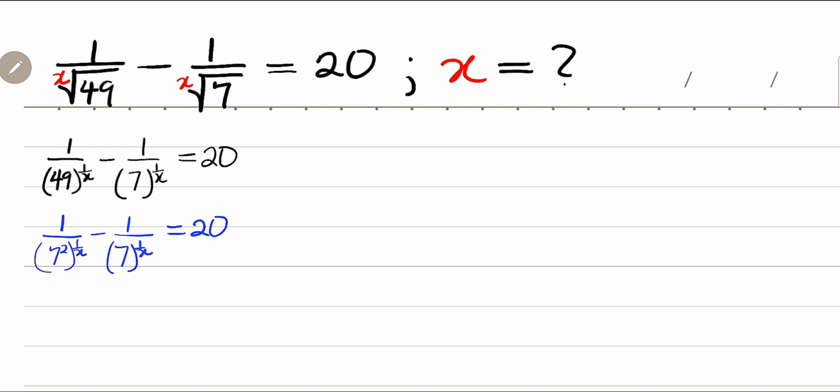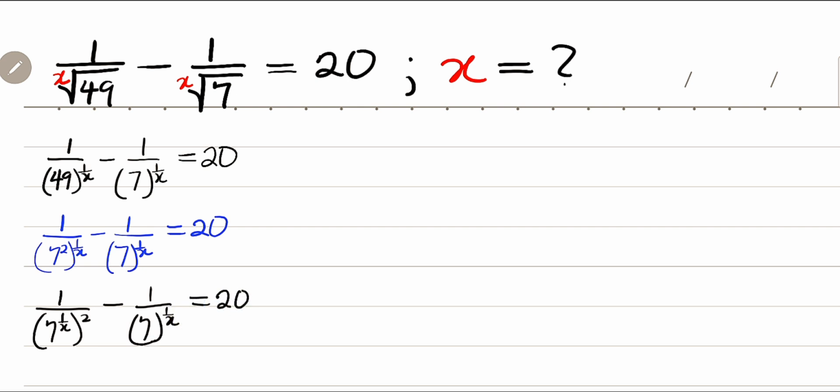And according to the law of indices, these two exponents are commutative, which means we can rewrite it as 1 over 7 raised to 1 over x, all raised to 2, then minus 1 over 7 raised to 1 over x equals 20.